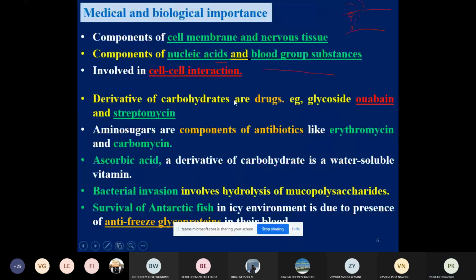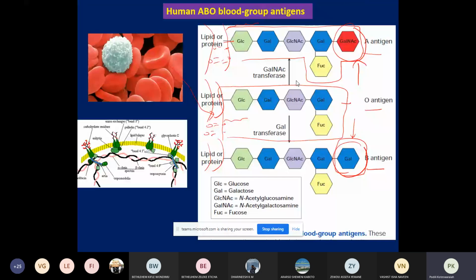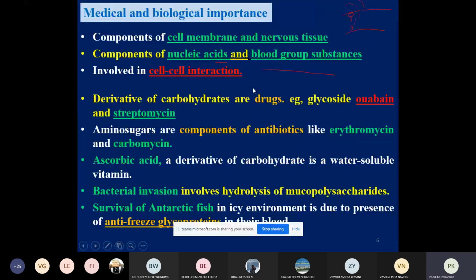And in addition to this, the sugar residues that you are seeing here are present on the surface of the cell membrane.